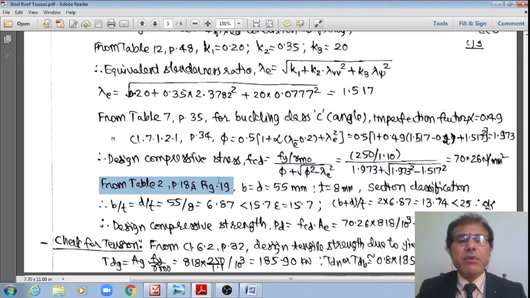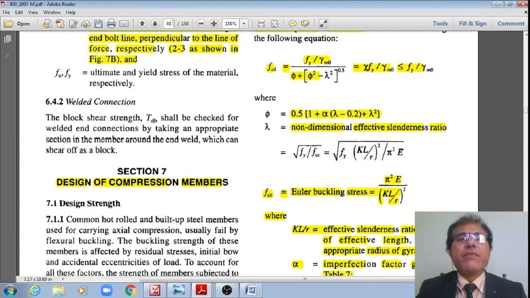Therefore from table 2 of page 18 and even from figure 2 of page number 19, let me go back to page 18 and 19 respectively, student, of IS 800. Page number 18. Yes.